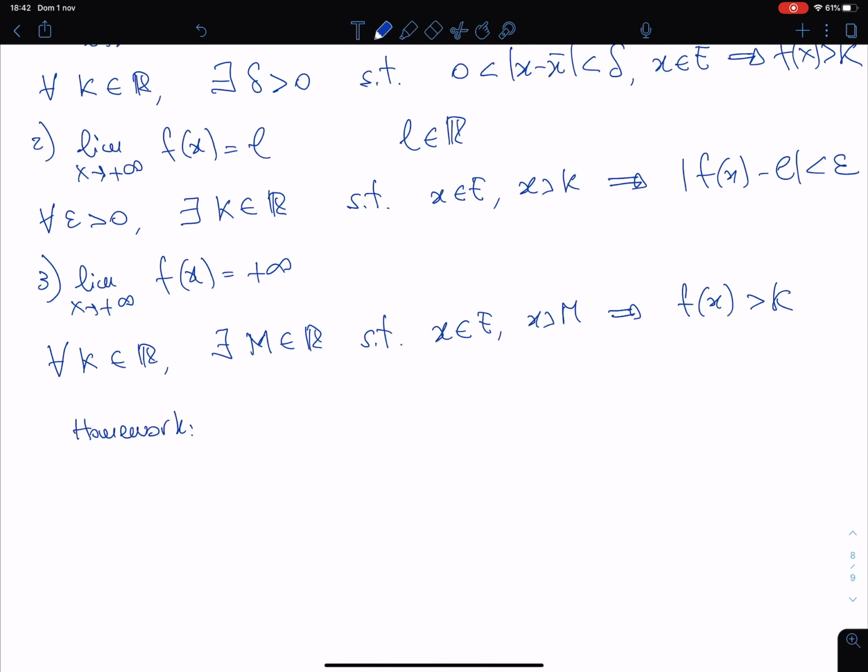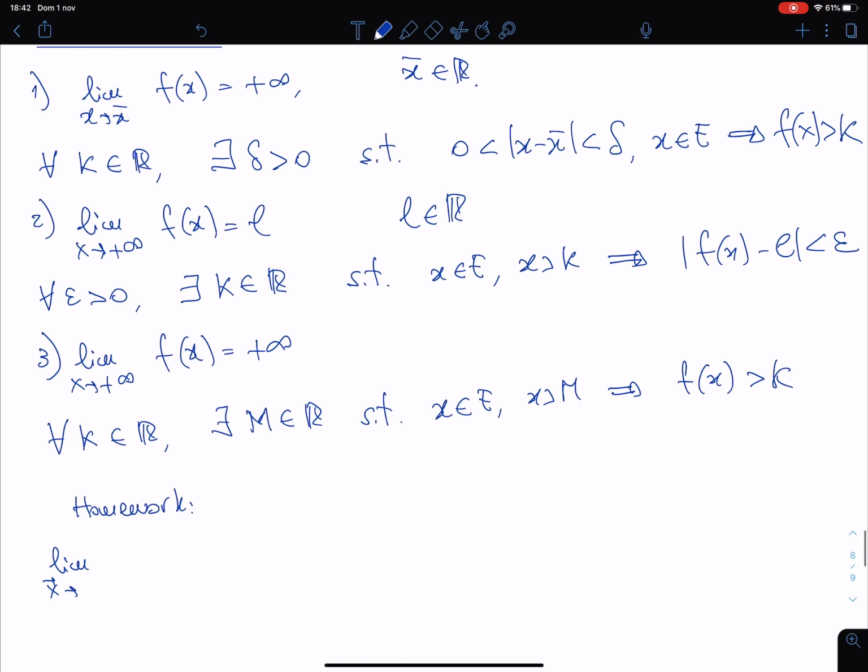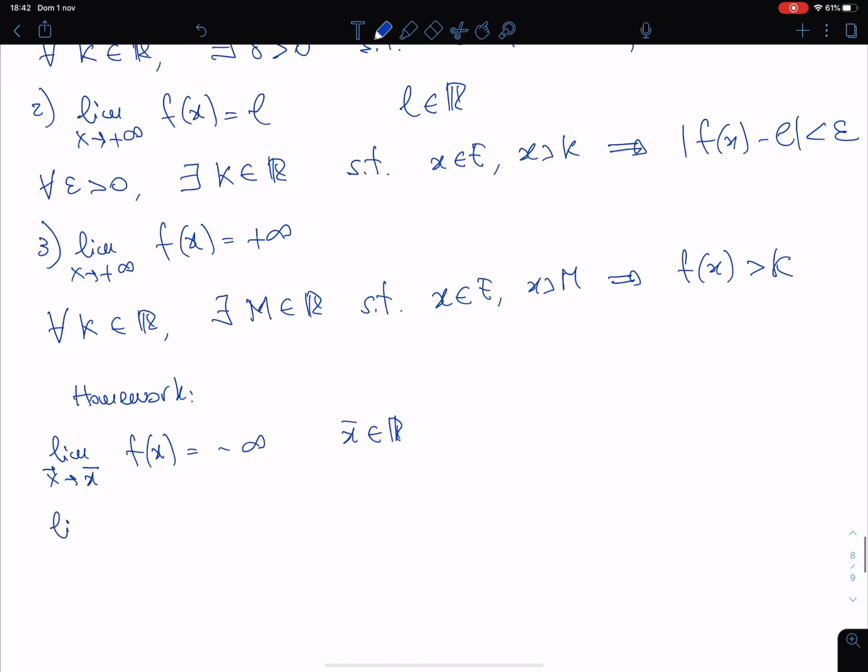So, the limit for x going to minus infinity, like x going to x bar, f of x equal to minus infinity, x bar in R. Then the limit x going to minus infinity, f of x is equal to L, with L a real number.